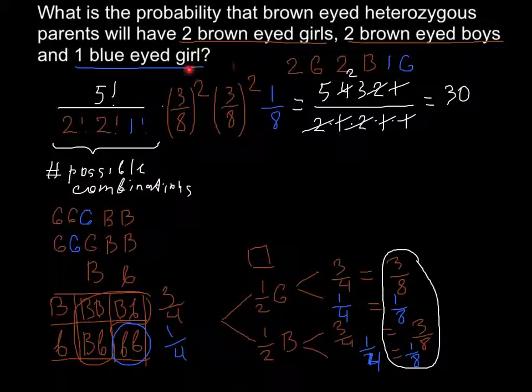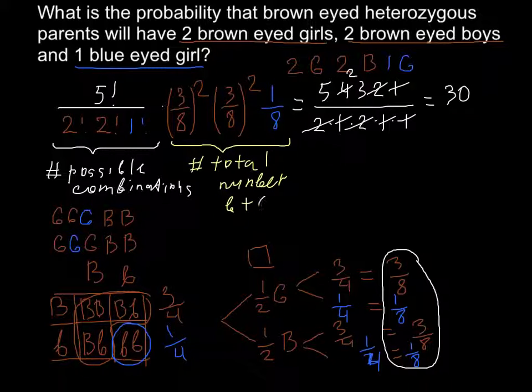So this part of the formula stands for the total number of combinations possible, so the total number of having boys and girls.